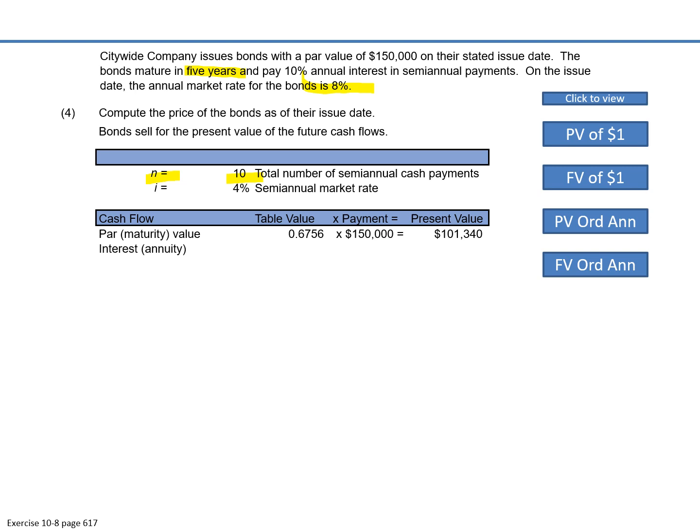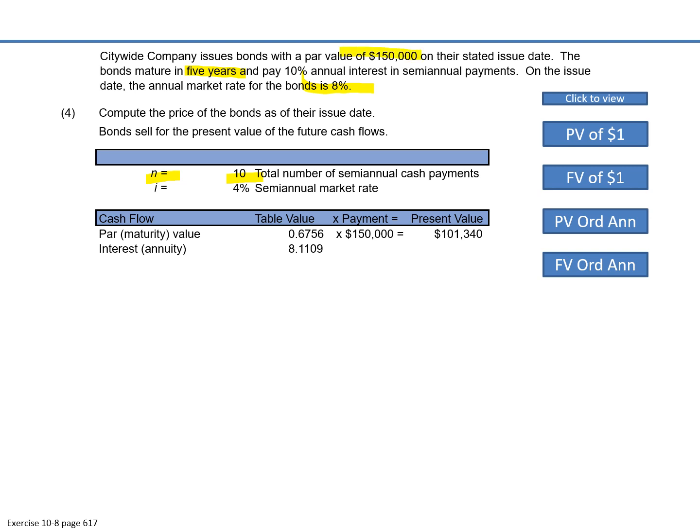The income stream of interest payments is going to be the present value of an ordinary annuity table. And so if we were to look up the intersection of N equal to 10 and I equal to 4% in the present value of the annuity table, we're going to get 8.1109. So if we take that times our semi-annual interest payment, which is based upon the contract rate, right?